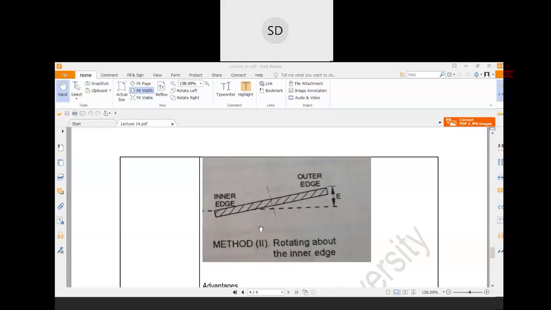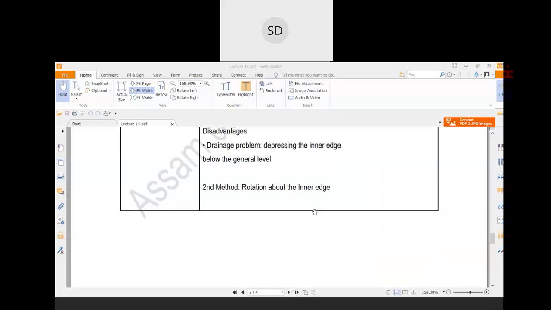Here no drainage or water accumulation problem would be there, but the earthwork is not balanced. You have to carry soil from other portions or sides to raise the outer edge portion.